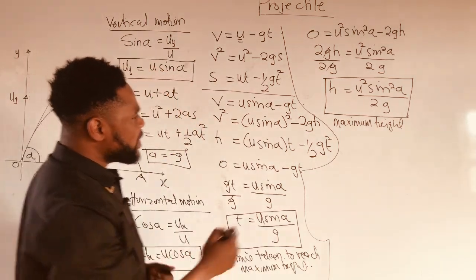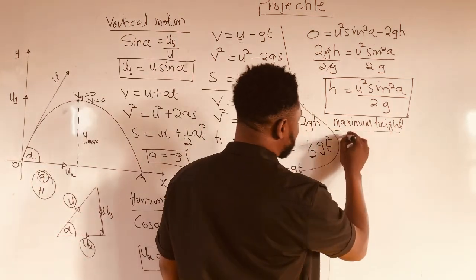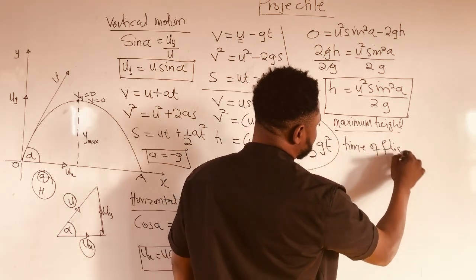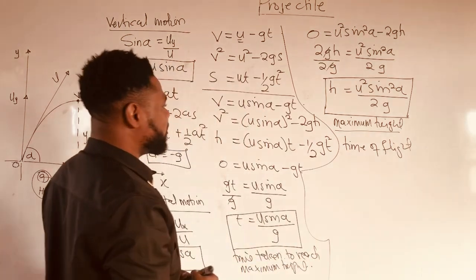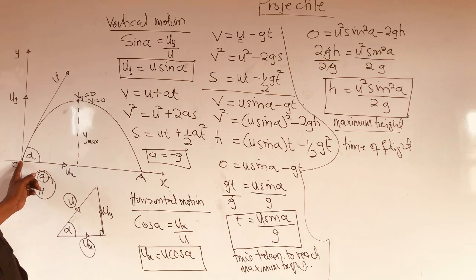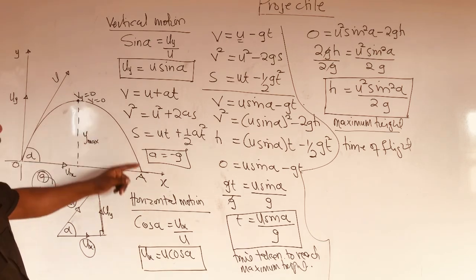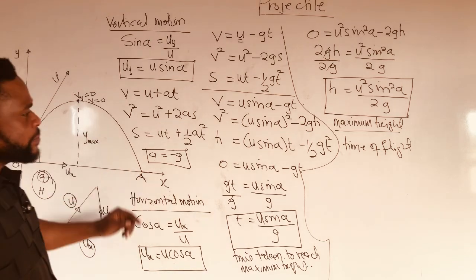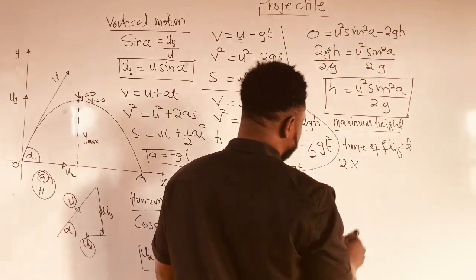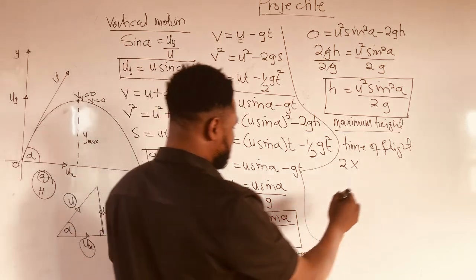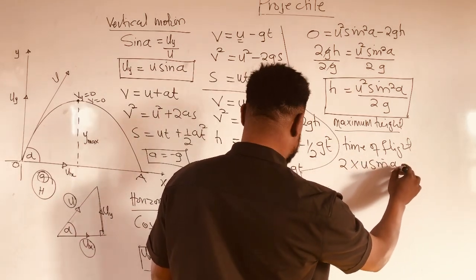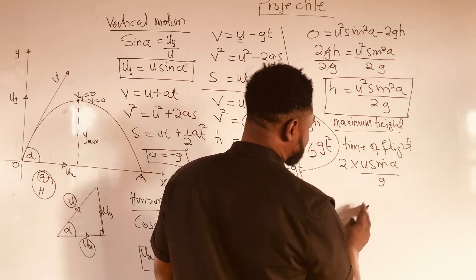Now let us look at what we call time of flight. When we say time of flight, that is the total time for the body to move from O up to A. And the time of flight will be 2 times the time taken to reach the maximum height, which is u sine alpha all over g.